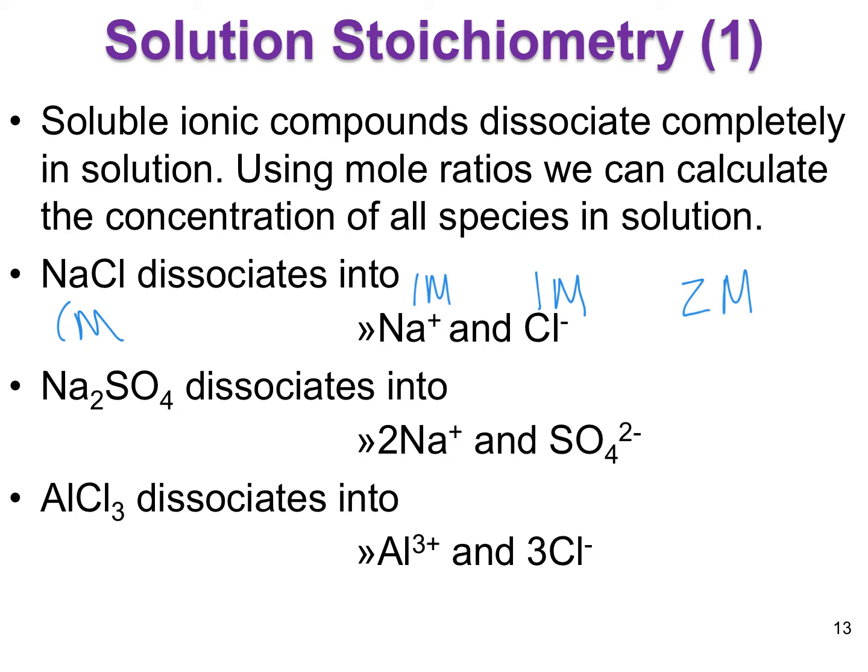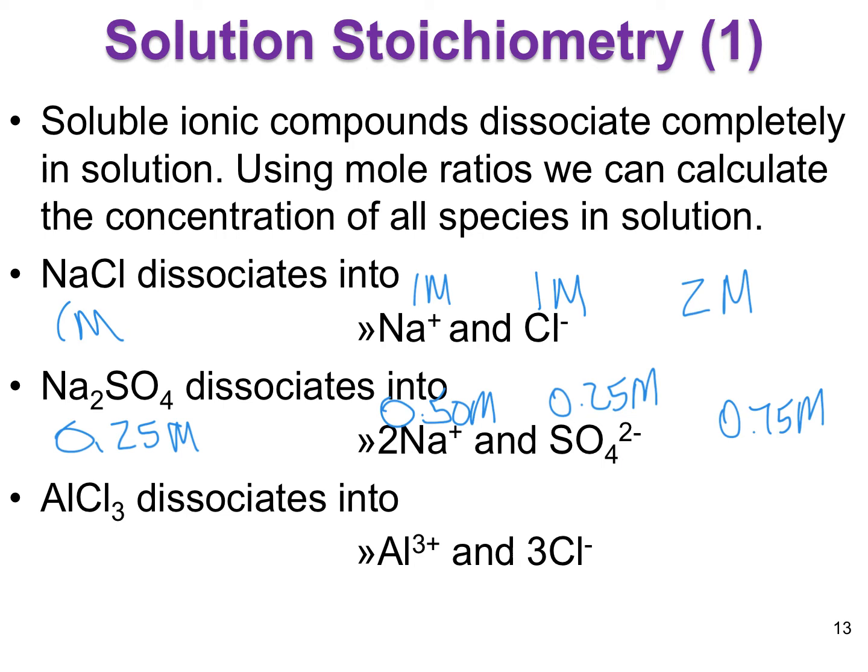Sodium sulfate dissociates into 2 sodium ions and 1 sulfate ion. Thus, a 0.25 molar solution of sodium sulfate produces 0.50 molar sodium cations and 0.25 molar sulfate anions, with a total of 0.75 molar ions in solution.